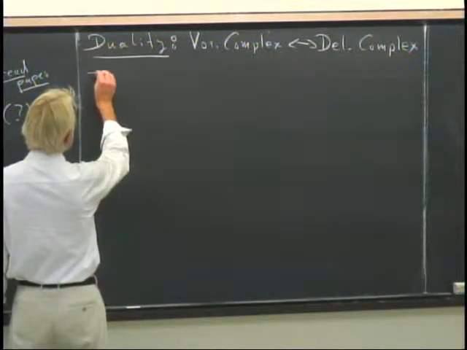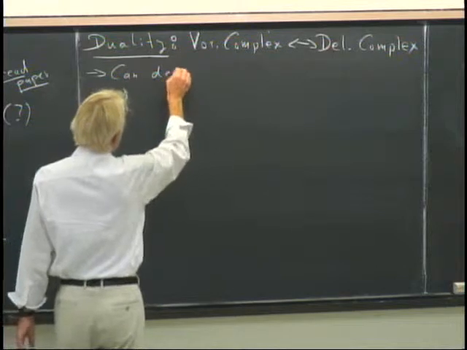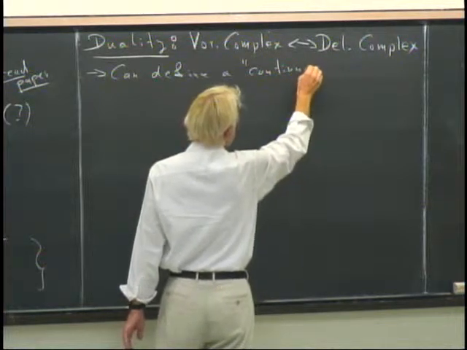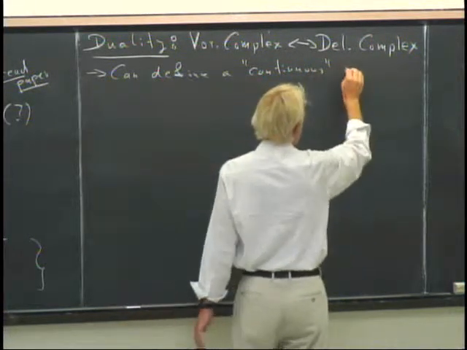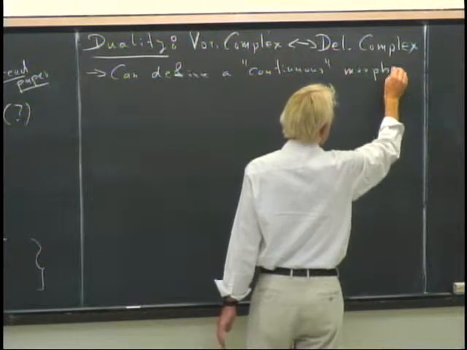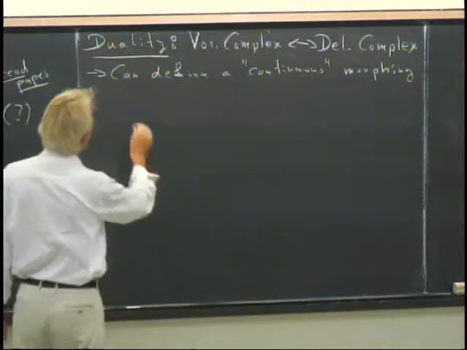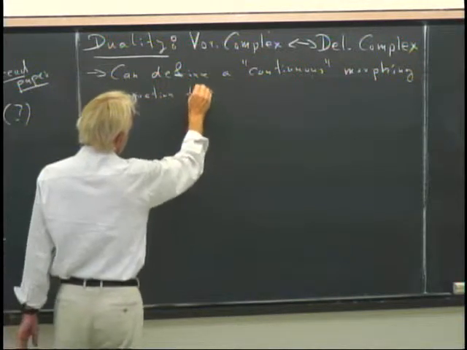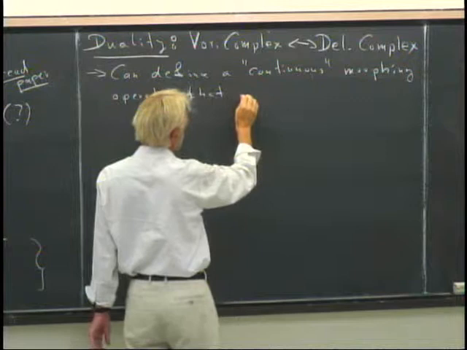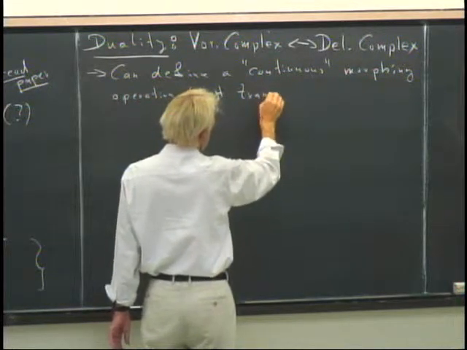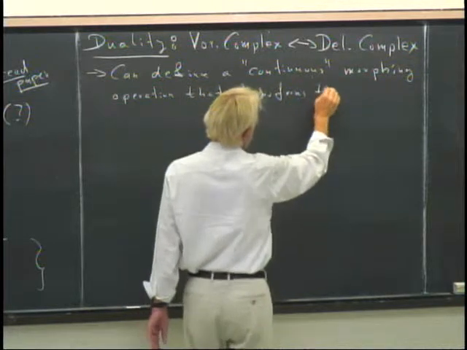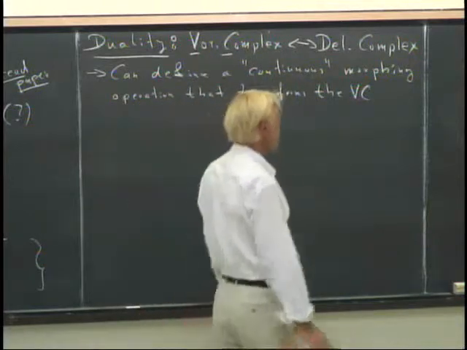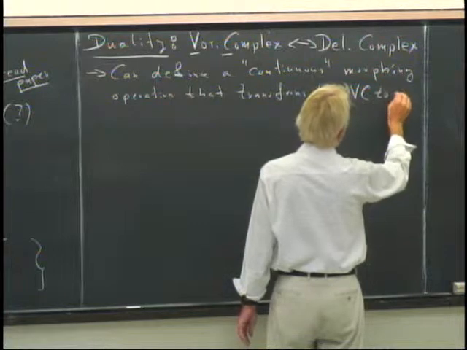Okay. One can define a continuous, I call it morphing operation, transformation, morphing operation that transforms the Voronoi complex VC, this guy, not venture capitalist, but just Voronoi complex, VC to a DC.